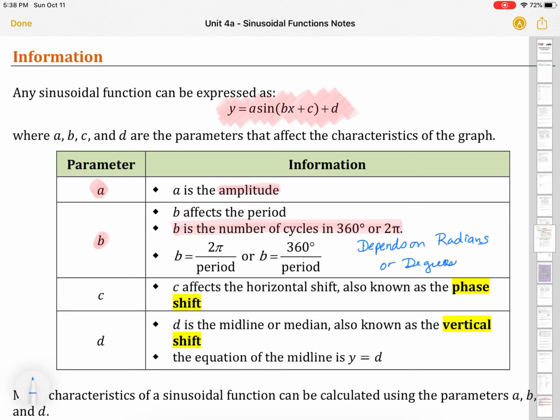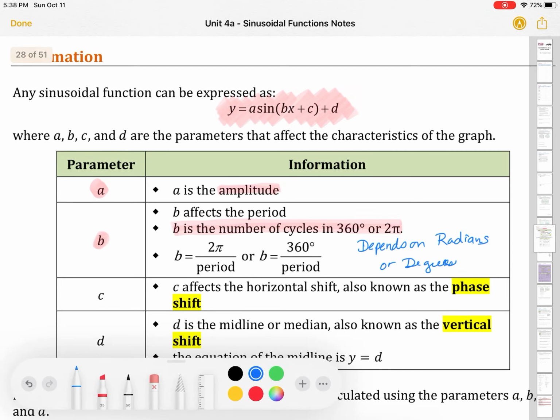Clearly the first one is for radians and the second one is for degrees. So if you have a value of 3 for B, then B will be equal to 360 degrees divided by the period. So you would rearrange and solve for B. And we'll do some practice with that, obviously.